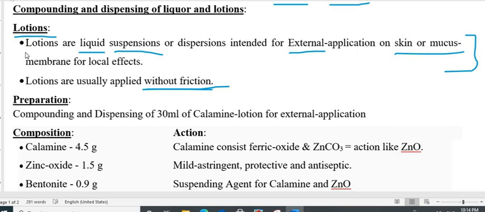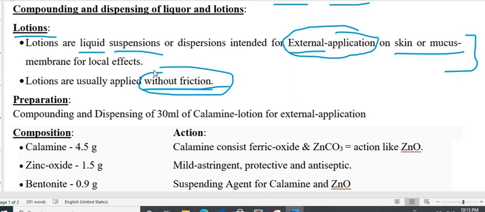So lotions are liquid medicinal preparations in suspension or dispersion form, usually for external application over the skin or mucous membrane without friction. This is the definition of the lotion. One interesting and important point is that lotion is for external use.